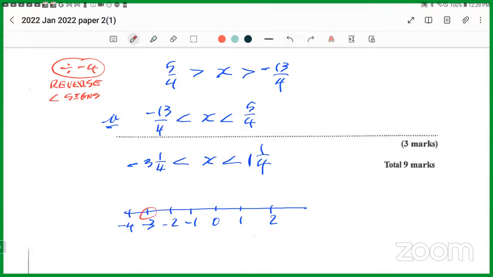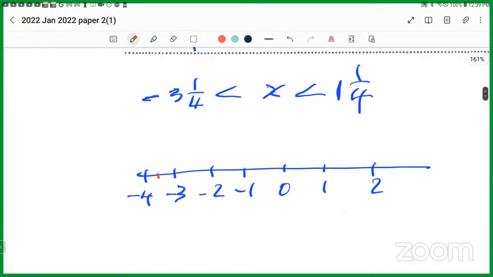It's -3 here, -4 here, so -3¼ should be right here if I divide this into 4 equal parts. Put an open circle on it. And then 1¼: between 1 and 2 is 1.5, split that into quarters, and right here is 1¼. The other open circle goes on it.